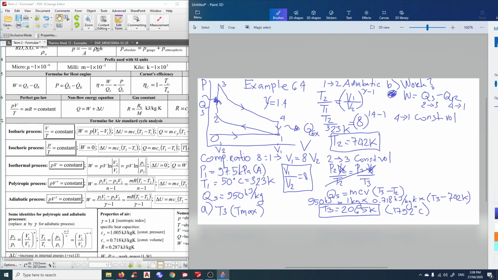On your formula sheet, the constant volume formula for Q reject is Q_R equals m Cv (T4 minus T1). The mass of the air here would be 1, Cv is known. We know T1 is 50 degrees Celsius, but we do not know what T4 is. So we need to calculate T4 first before we can find this.